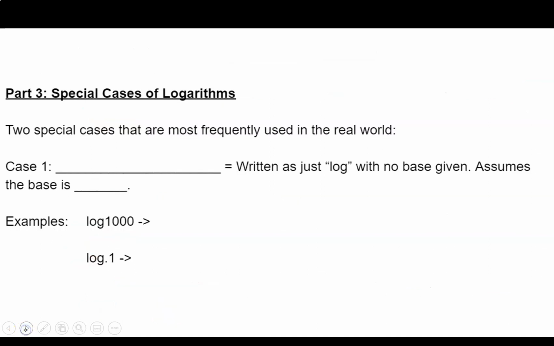Okay, all right, so a couple special cases. Case 1 is going to be the common logarithm, and that assumes a base of 10. So if you see log 1,000, that's the same as saying log base 10 of 1,000. So that would have to equal 3, because 10 to the third is 1,000.